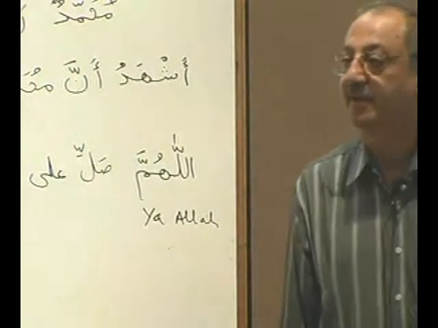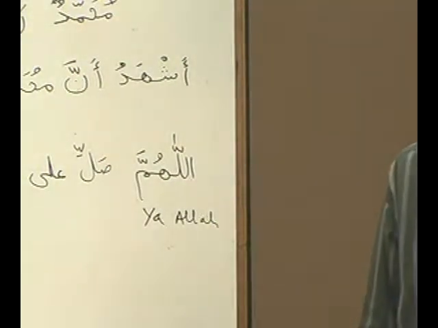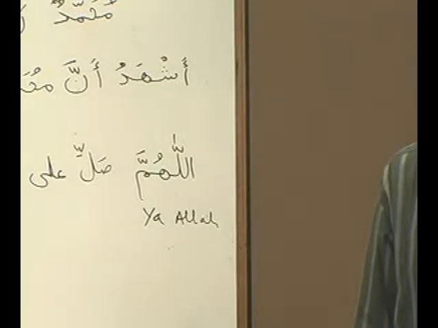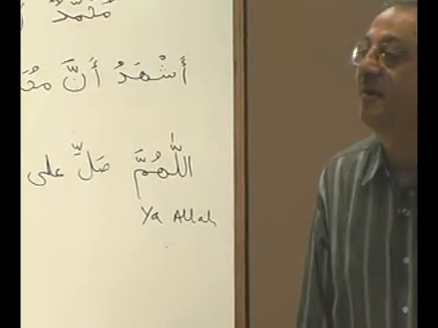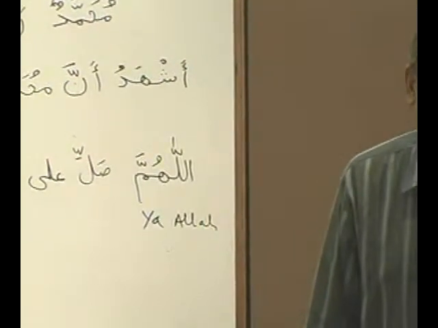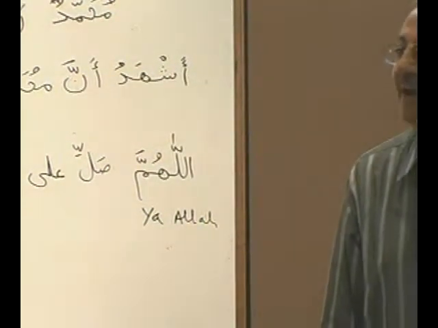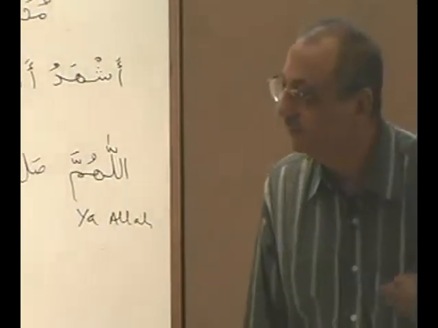For the rest of the things, it is ma. Are you with me, brothers? So, you can say, ma hadha. You can say, ma hadha, hadha kalam. But if I point to brother Muhammad, I cannot say ma hadha, I will say, man hadha. What will I say? Man hadha. And my answer will be, hadha Muhammadun.